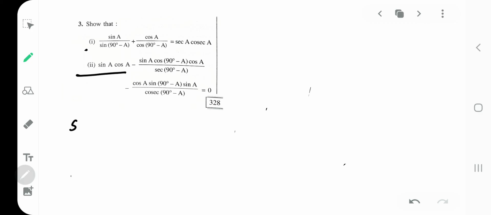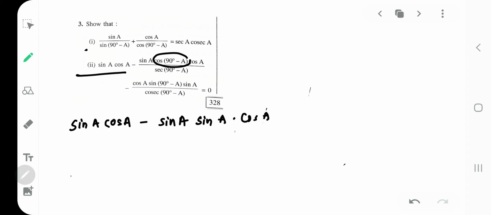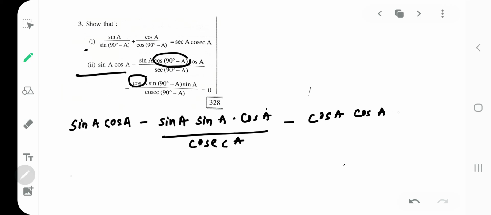Let's just do the basic conversion. I'll keep sin A cos A here as it is. Minus sin A cos 90 minus A, I will write sin A into this cos A as it is. Down for sec 90 minus A, I'll convert as cosec A. And minus for this cos A, I'll write as it is cos A. For sin 90 minus A, I'll write cos A and sin A again as it is.